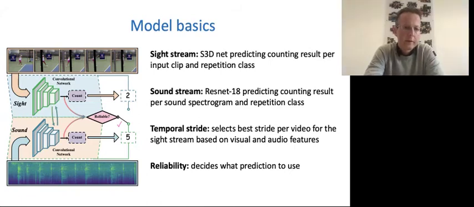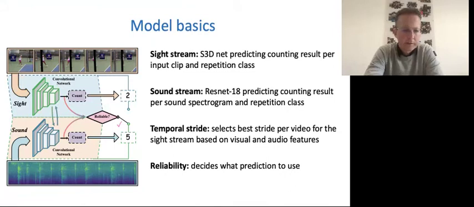The idea being that different activities show different behavior. We do the same for the sound stream, but here we use a ResNet 18, predicting the counting results per sound spectrogram. And again, using this latent repetition class.